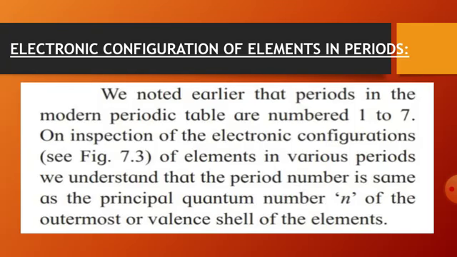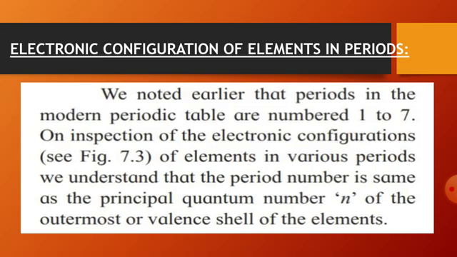Today we are going to study the electronic configuration of elements in periods. We have written, as per the Aufbau principle, the electronic configuration of the elements from 1 to 30. As per your Maharashtra board syllabus, we are going to study electronic configuration of elements in periods.